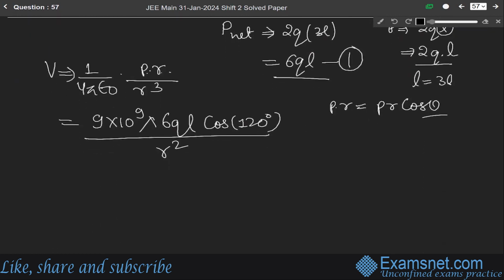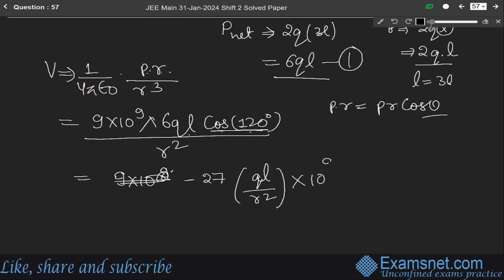Now solving it, we get 9 into 10 to the power 9 into this 6QL into cos 120 degree over R square. Solving it, we get minus 27, because it is cos 120, into QL over R square into 10 to the power 9 Newton meter square C minus 2.